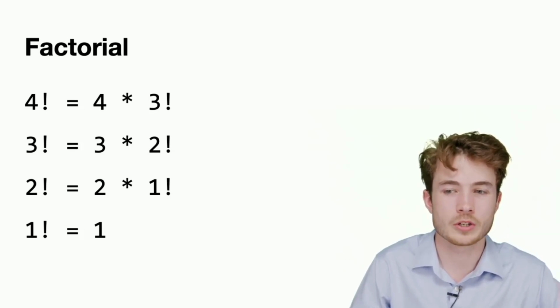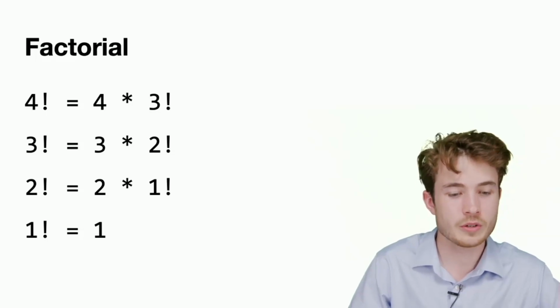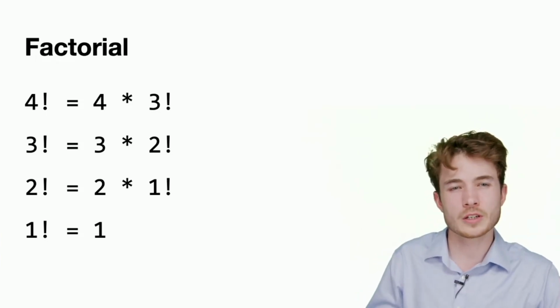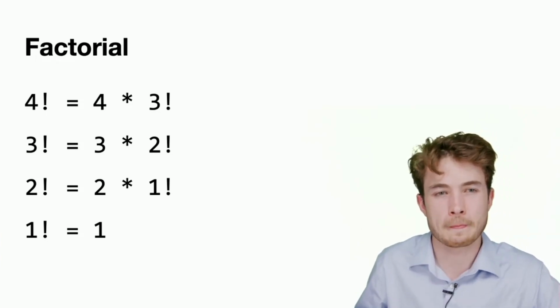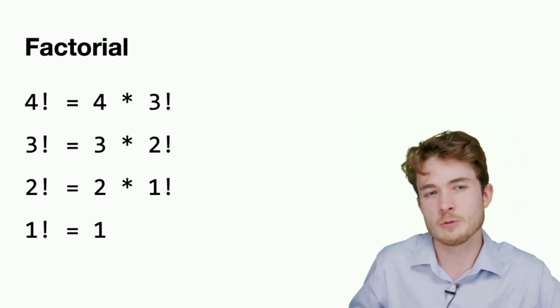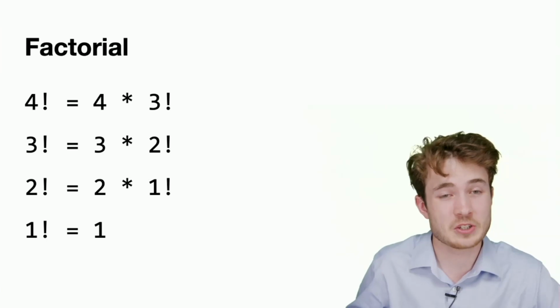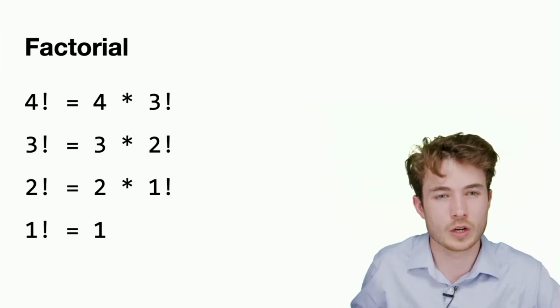What should be our recursive step here? Yeah, so I'm seeing something like n minus 1. If you look at 4 factorial, 4 factorial is really just 4 times 3 factorial. And 3 factorial is just 3 times 2 factorial. So it's really whatever number we're at times the factorial of a number minus 1.